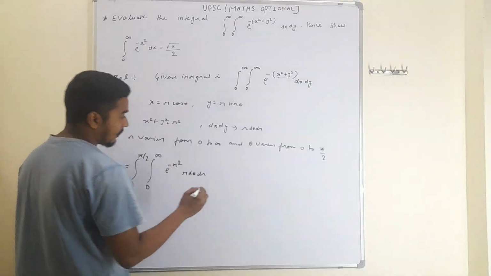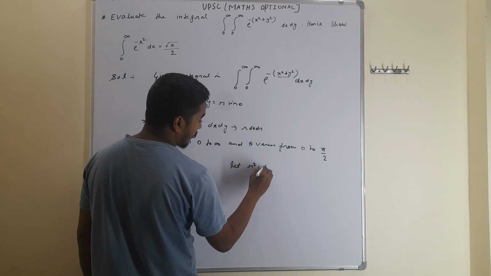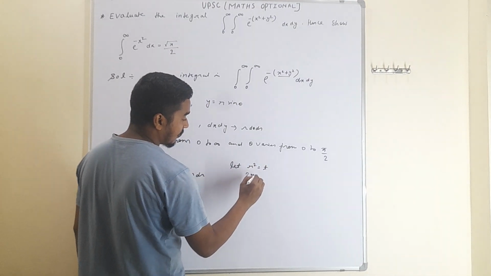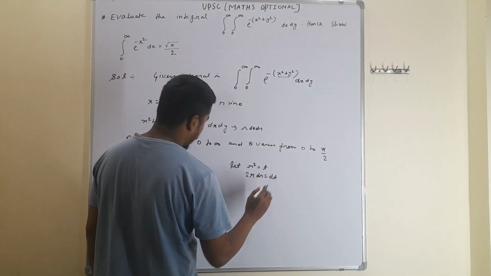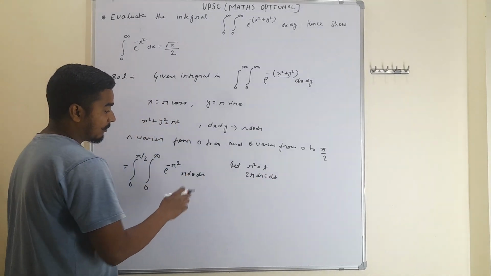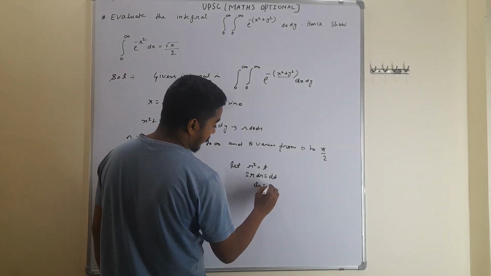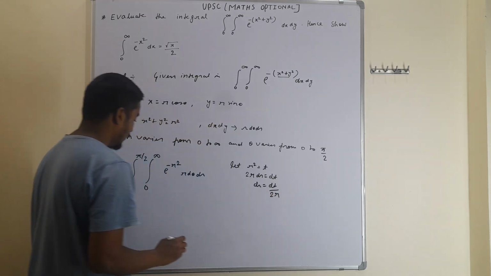First we let r square is equal to t, that is on differentiation 2r dr is equal to dt. From here dr is equal to dt upon 2r.